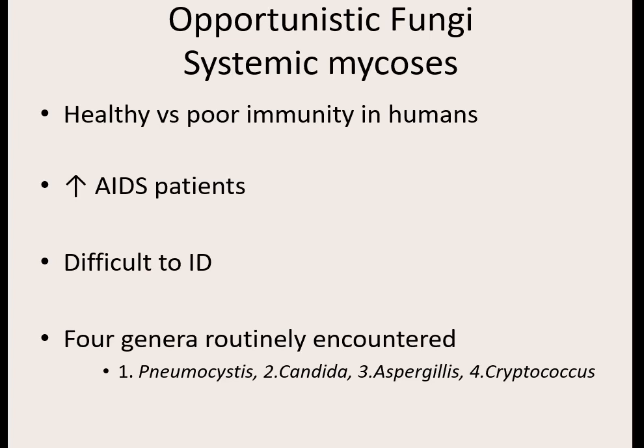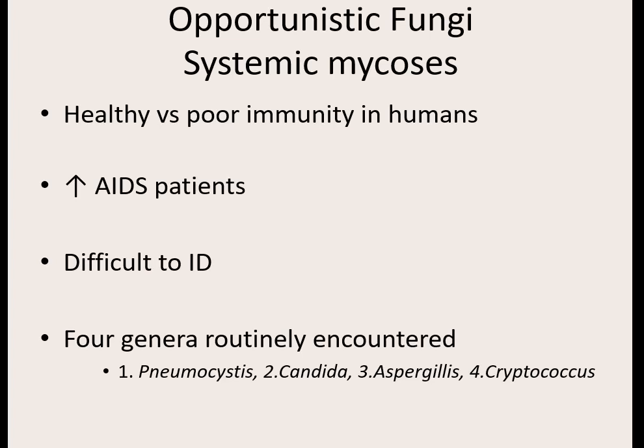Fungi that can cause diseases throughout the entire body. Usually these are going to be things that cause more severe infections with those that are immunocompromised. So healthy individuals are usually not going to suffer, or suffer very much, from opportunistic fungi.